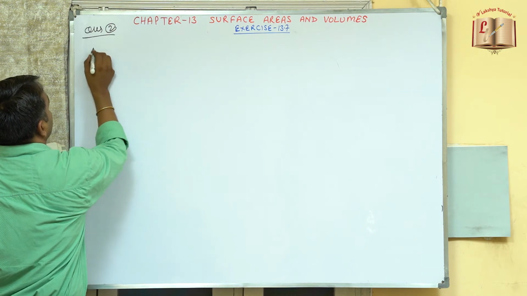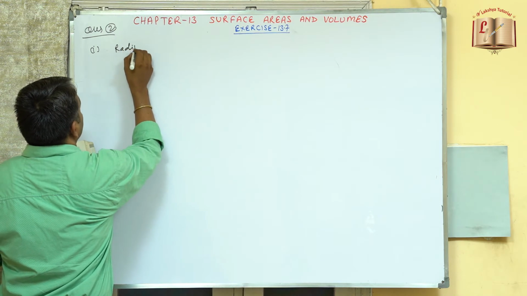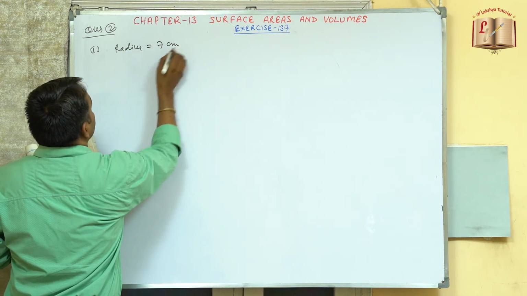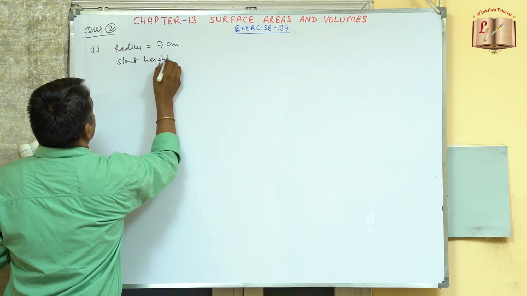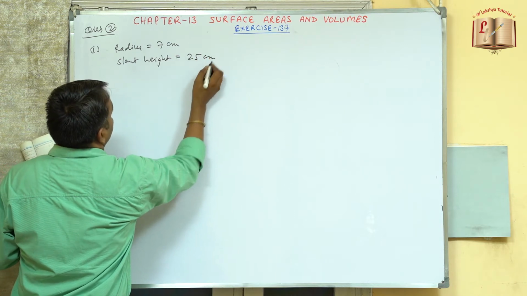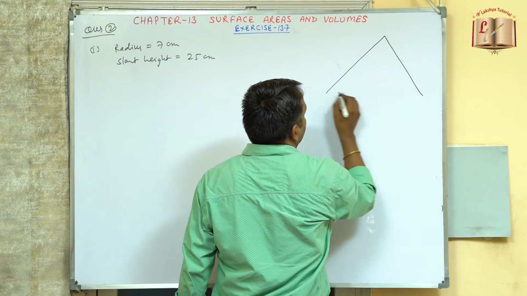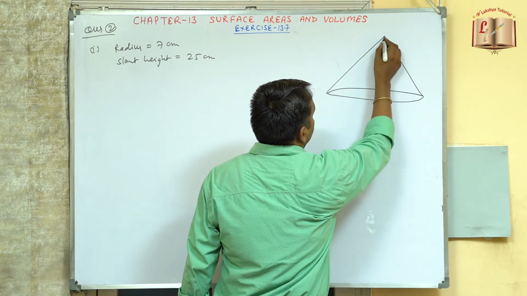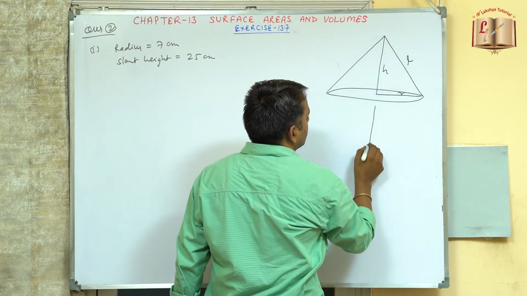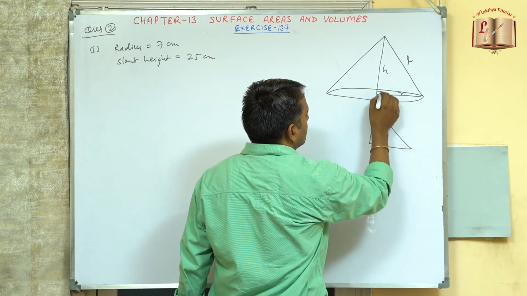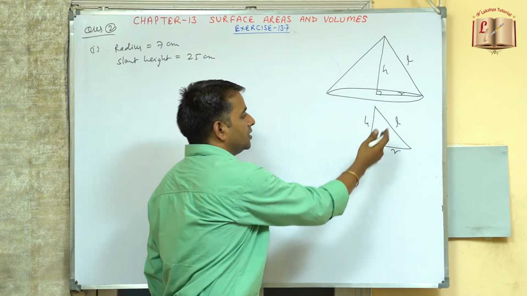So coming to question number 2, first part. Here the radius is given to us as 7 centimeters and the slant height is given as 25 centimeter. Now in a cone we know the relation between the slant height, radius and the height. This is radius, this is height and this is slant height. This is a right-angled triangle with sides L, H and R. So from here use the Pythagoras theorem.